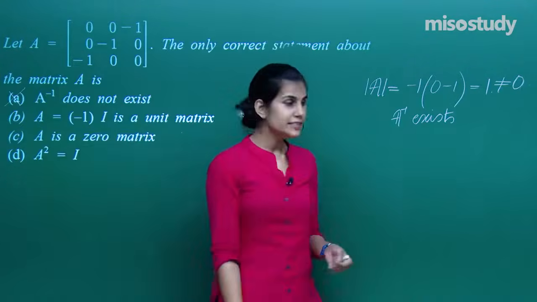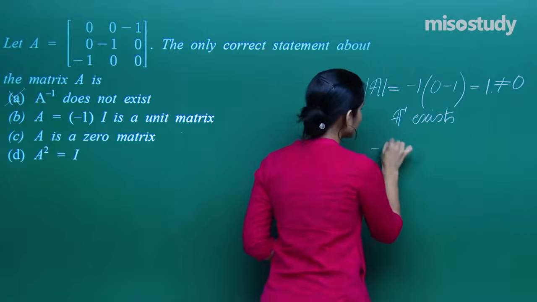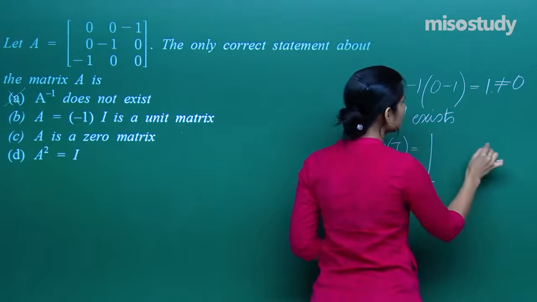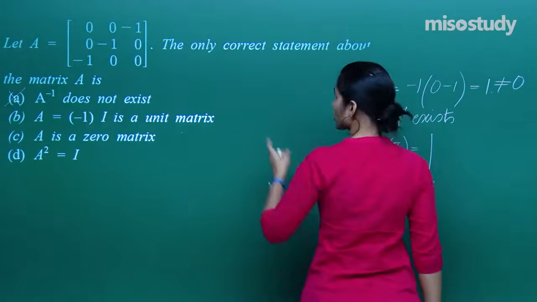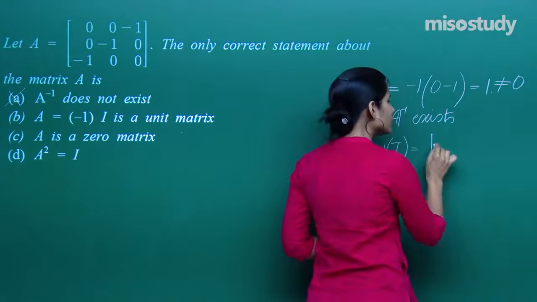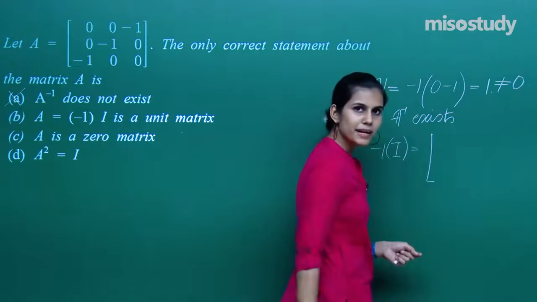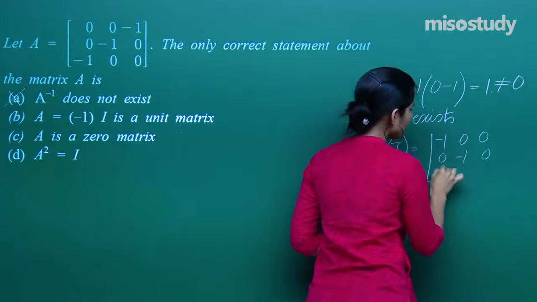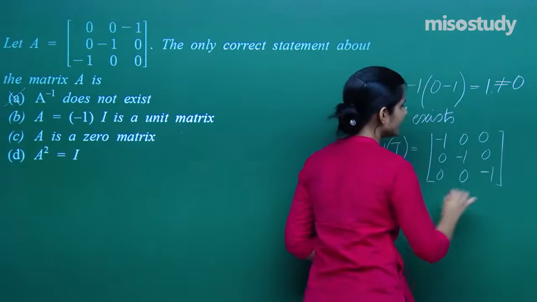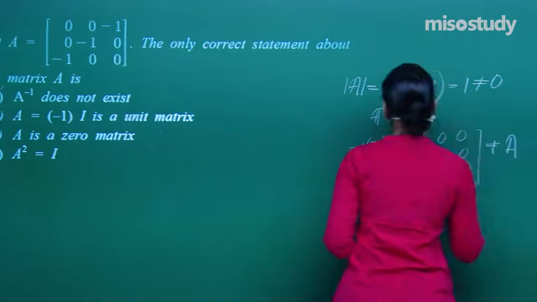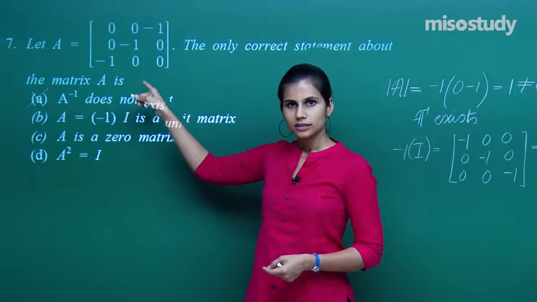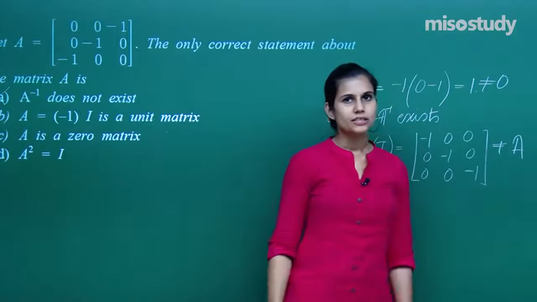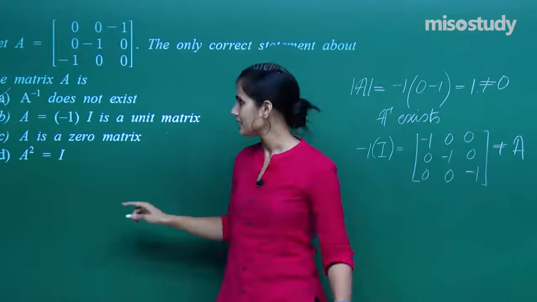Minus 1 times identity. If I talk about minus 1 times identity matrix, it is actually 1 0 0, 0 1 0, 0 0 1, for 3 cross 3, which when multiplied by minus 1 gives me minus 1 0 0, 0 minus 1 0, 0 0 minus 1, and this is not my matrix A. The off diagonal entries are minus 1, but over here the main diagonal entries are minus 1, so both these matrices are not the same.